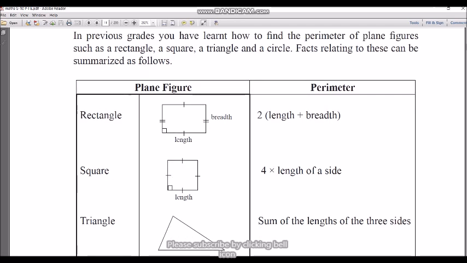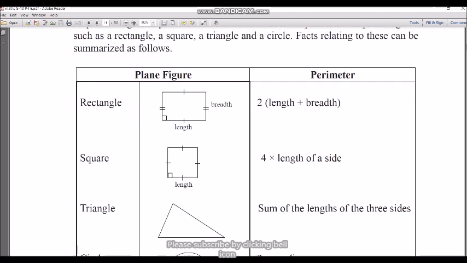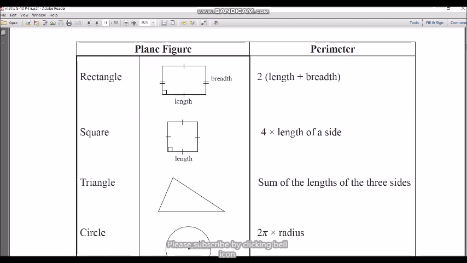Rectangle, we know the perimeter of the rectangle is length plus breadth into 2, and a square is a special kind of rectangle where the length equals the breadth. So we can get the perimeter of a square by multiplying the length of a side by 4.